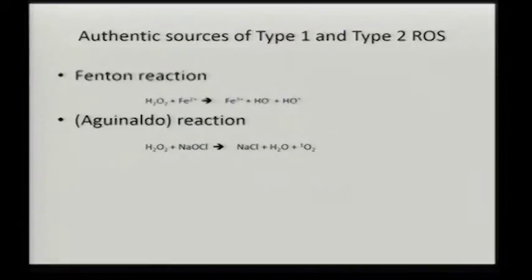It's dead easy to do. And then there's another reaction between hydrogen peroxide and hypochlorite that produces singlet oxygen. We called it the Aguinaldo reaction because he was the first one to tell us about it. Again, this is probably not 100% specific. There are probably some hydroxyl radicals produced here.